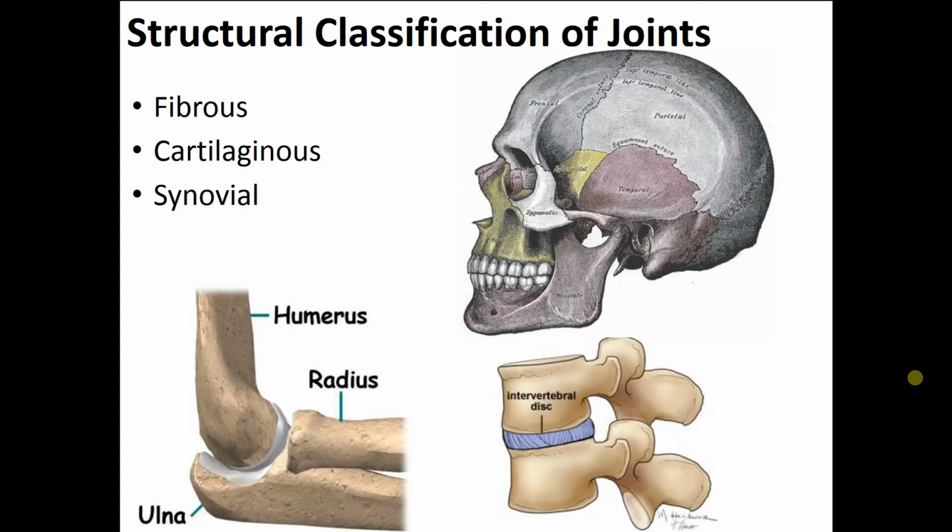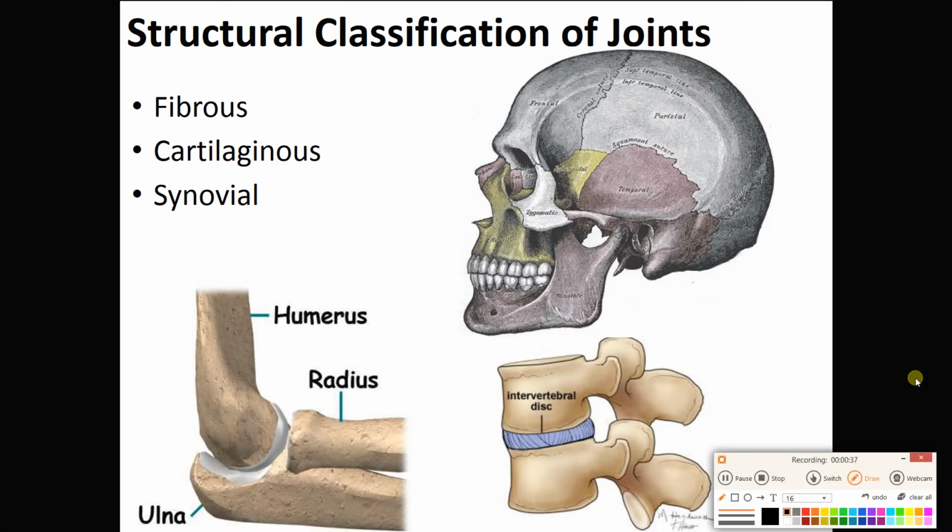So, we're going to start by classifying joints in three ways, three different structural types of joints. And those three types are fibrous, cartilaginous, and synovial. Now, all three of these are basically describing what's in between the two bones.